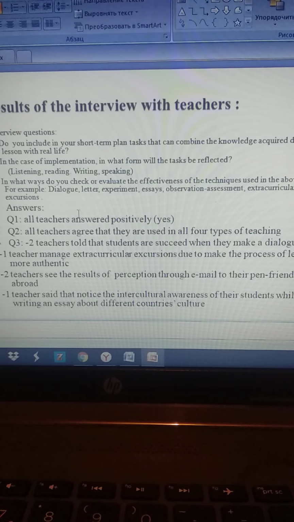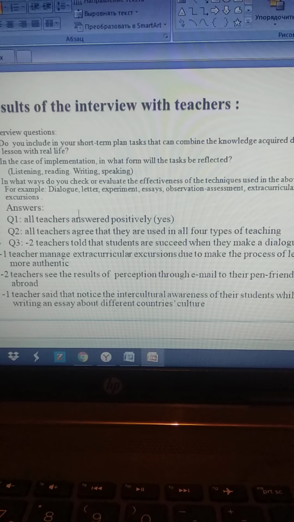That's why they all use additional materials for improving socio-cultural competence of students. They include some materials in their short-term plans.